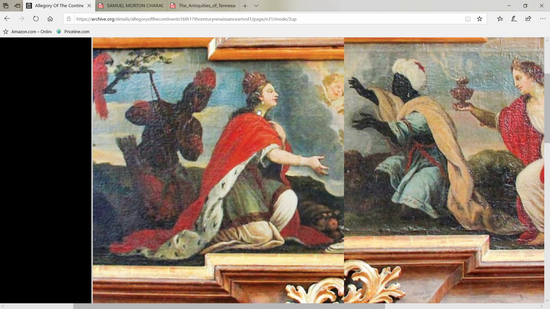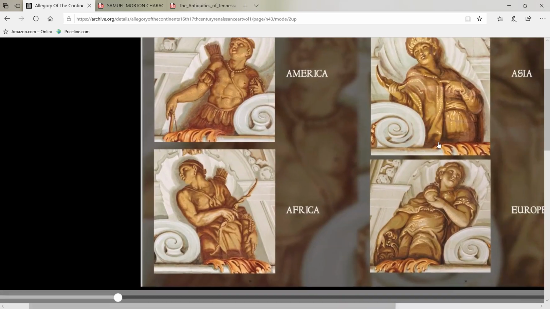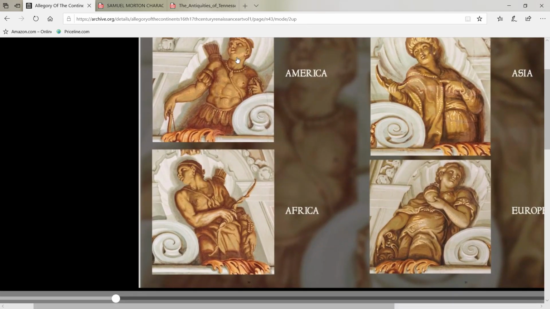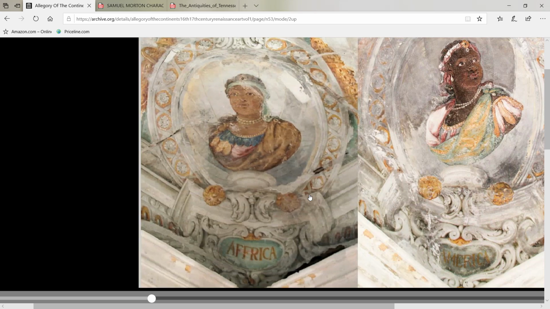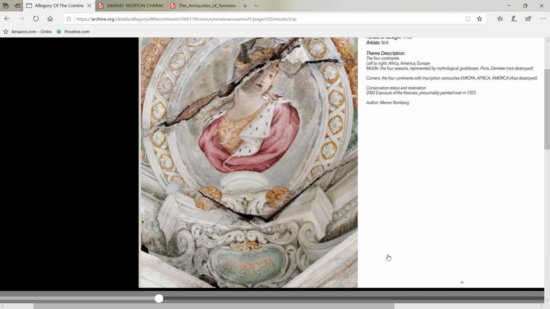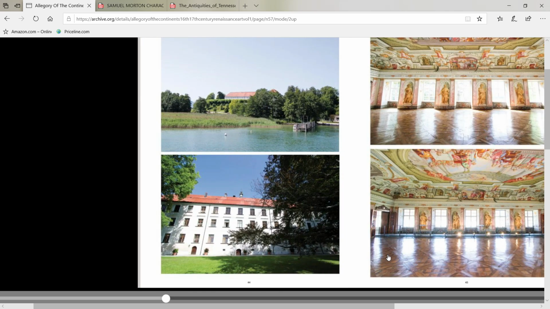This is Europe or Africa, and then Asia. Got America up here and Africa down here. Undeviatingly characteristic. See, Africa right here. America. Now look, Africa's lighter skin and America's darker skin in this image. That means they're undeviatingly characteristic.